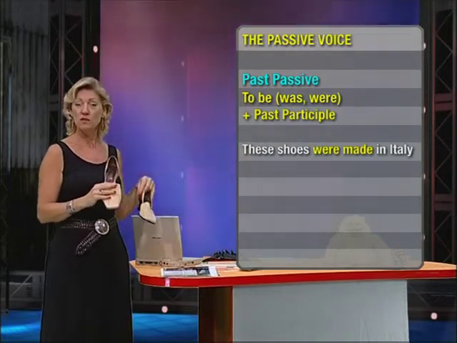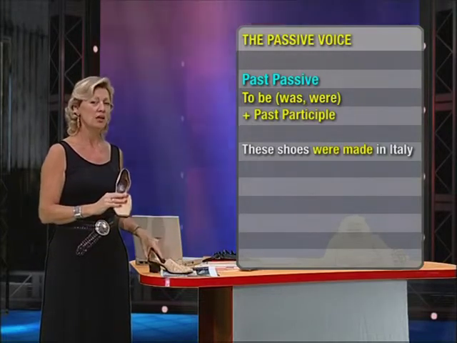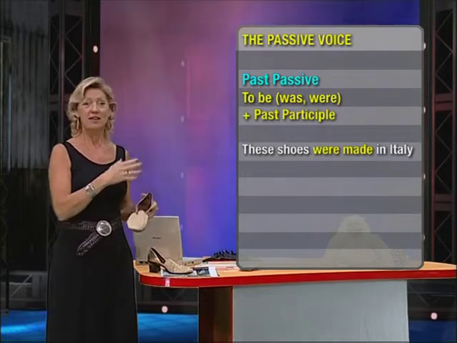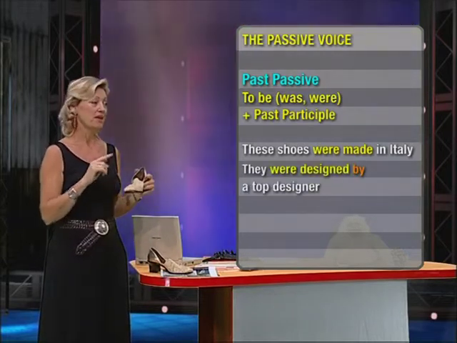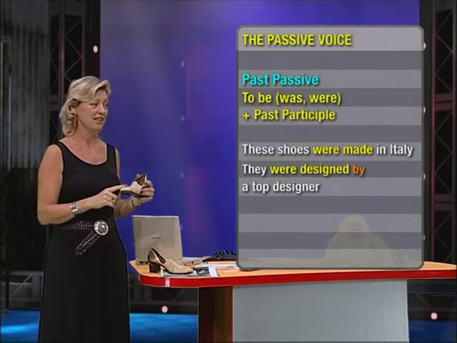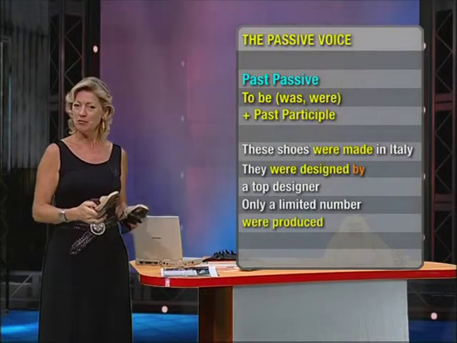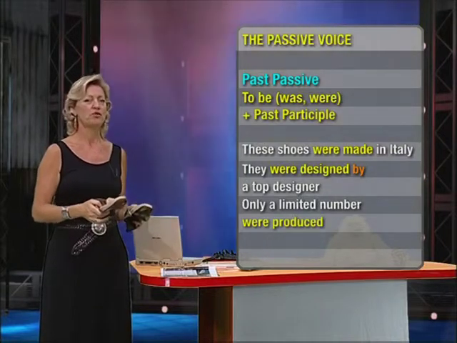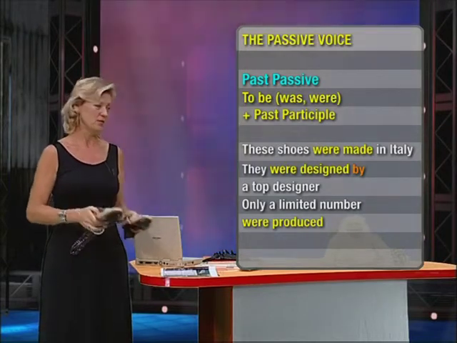So not was made, but were made. These shoes were made in Italy. The other examples are they were designed by a top designer and only a limited number were produced. All right, so the verb to be plus the past participle.